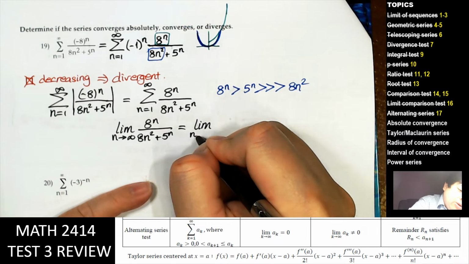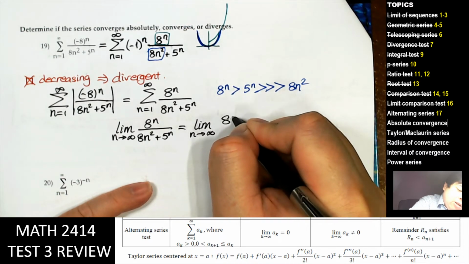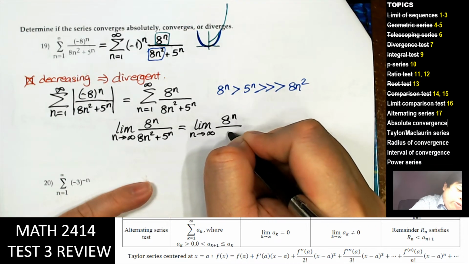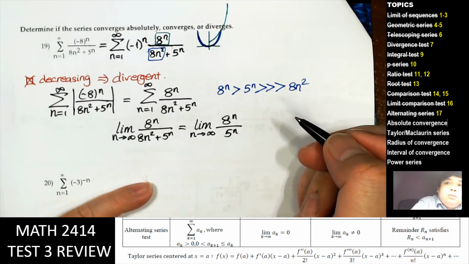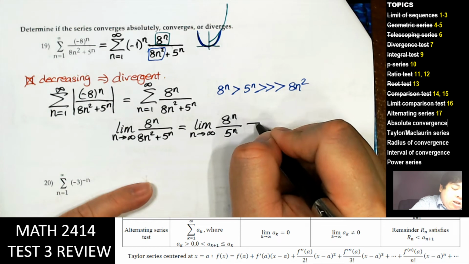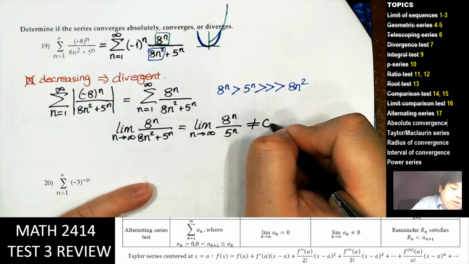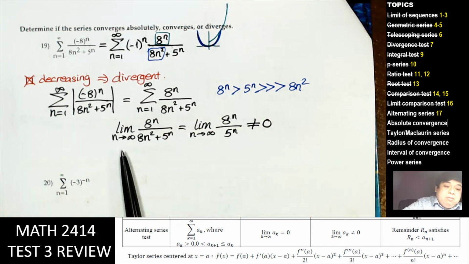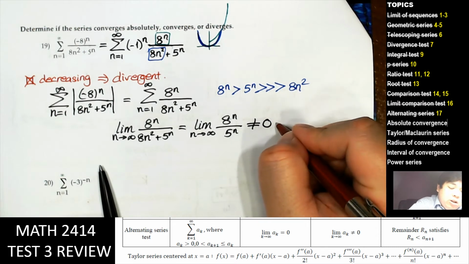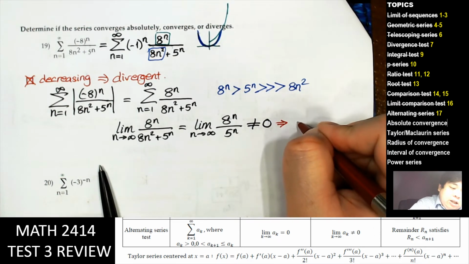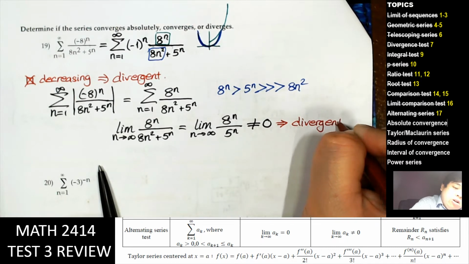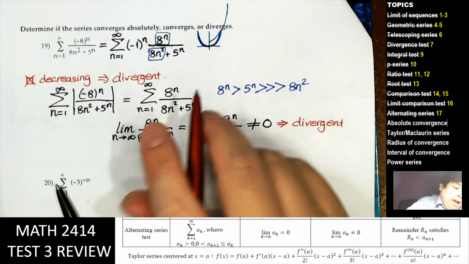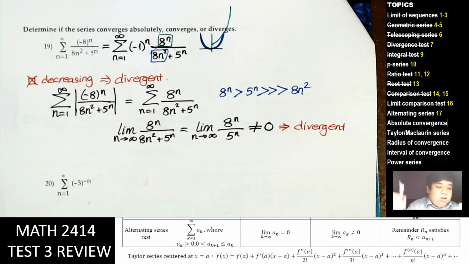The limit equals a^n over 5^n, and regardless, this is not equal to 0. If the nth term does not go to 0, the sum is going to be divergent either way. So this is divergent by the divergence test.